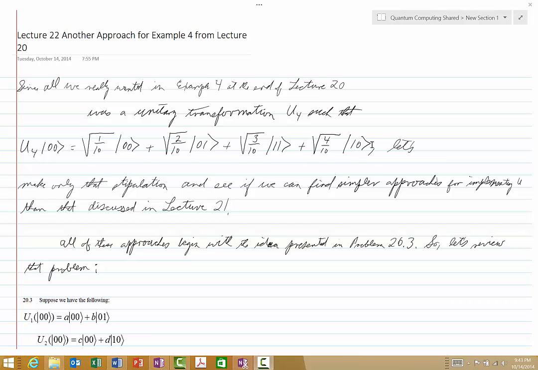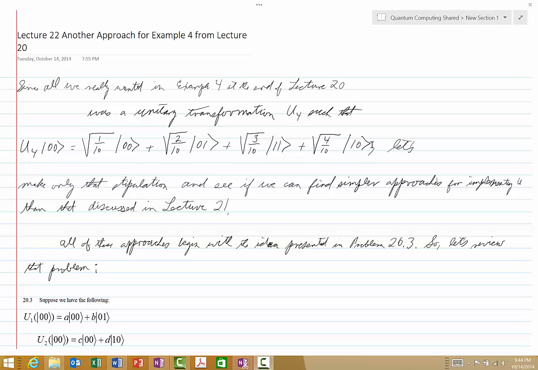However, the approach that we discussed in Lecture 21 was based on making assumptions about how the transformation would act on the other kets, and from those assumptions we were able to obtain a matrix for what was essentially a general unitary transformation.